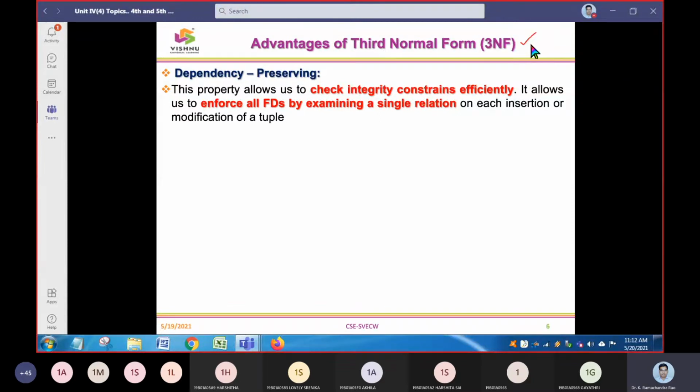The advantages of this third normal form were to allow integrity checking. When we say integrity checking, we call them key constraints. What are key constraints? It can be not null, unique, primary key, foreign key, candidate key, and super key.